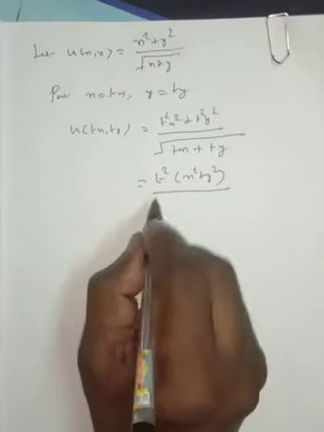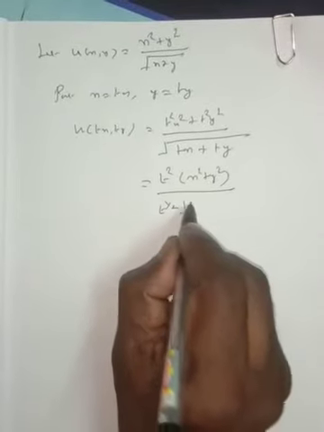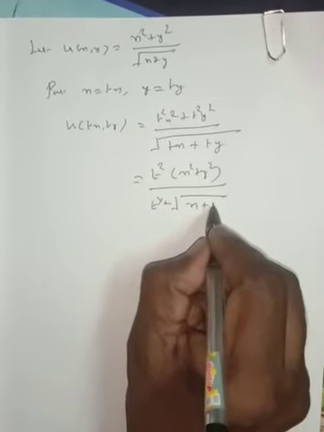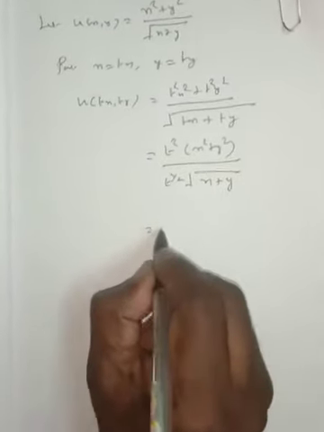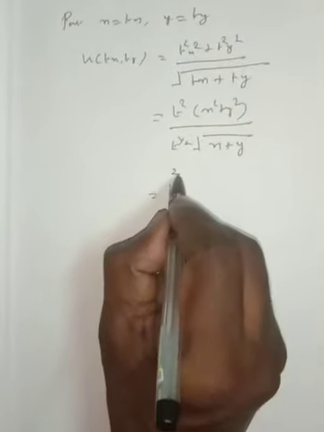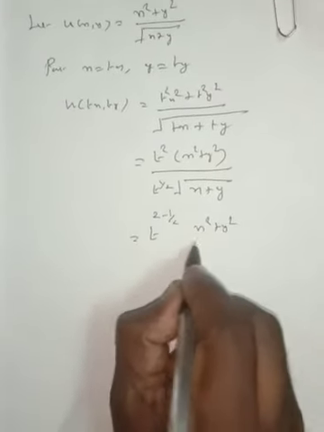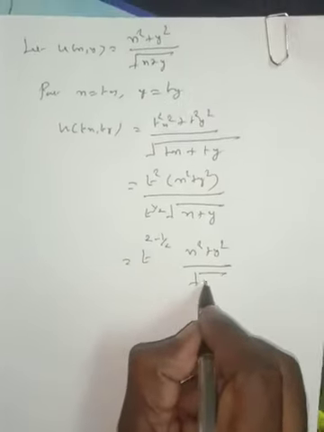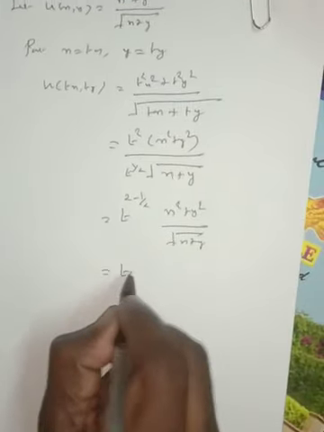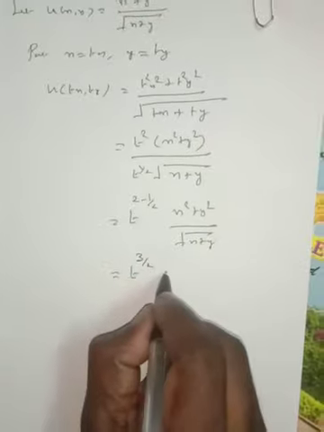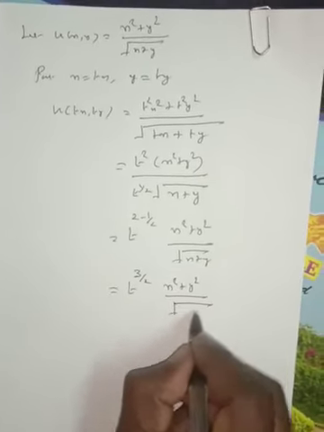Denominator: common t to the power of half, root of x plus y. Now t to the power of 2 minus 1 by 2, x square plus y square divided by root of x plus y. This means t to the power of 3 by 2, x square plus y square divided by root of x plus y.